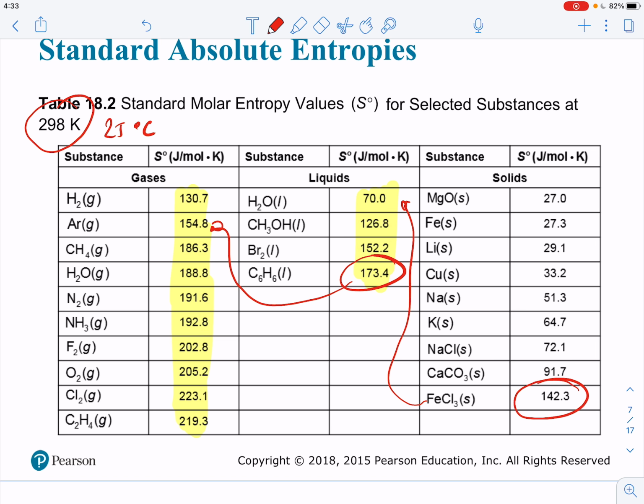There is a reason for that. So again, when you're looking at states of matter, generally speaking, gases are larger than liquids and liquids larger than solids, but there are other factors contributing to the entropy that must be taken into account to be better able to predict the change in entropy of these substances.